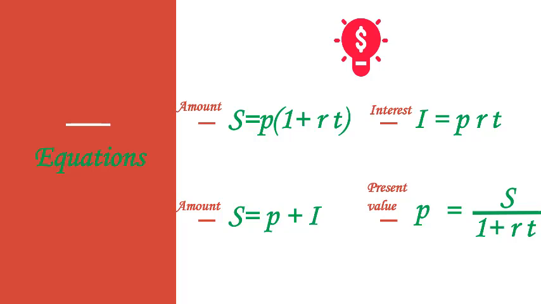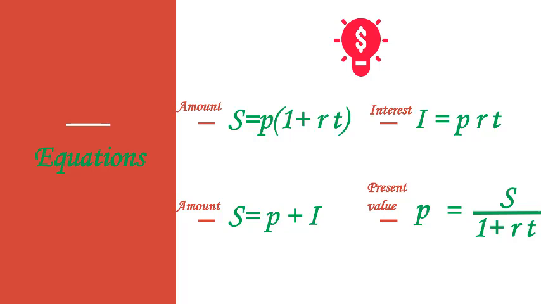The third case, if the time is in days, then we have two ways: ordinary interest, IO, and exact interest, IE.